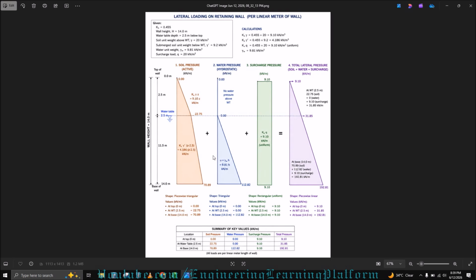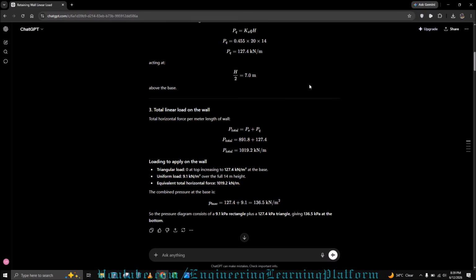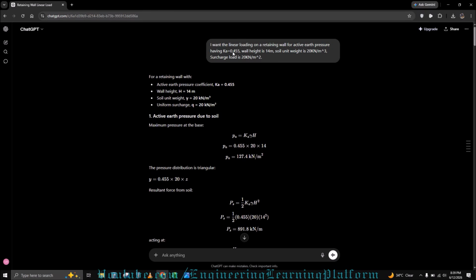To understand how AI works, you need to properly specify your parameters, your problem, and the output required. There are three steps to working with AI: the input data, the problem statement, and the output you require. In the first prompt, I deliberately made the mistake of not properly specifying the output I require.